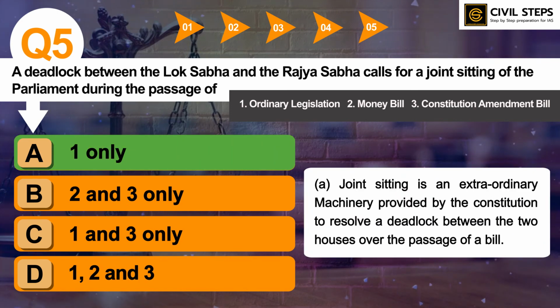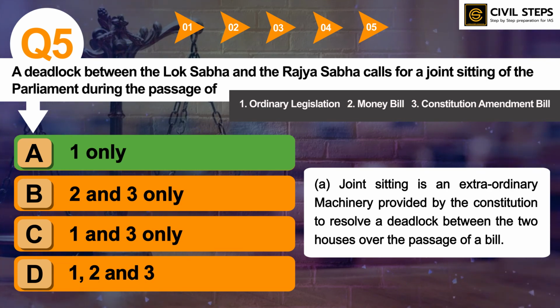Joint sitting is an extraordinary machinery provided by the Constitution to resolve a deadlock between the two houses over the passage of a bill. So you should know what is the provision in the Constitution that is related to joint sitting of both the houses. Who chairs the joint sitting of both the houses?